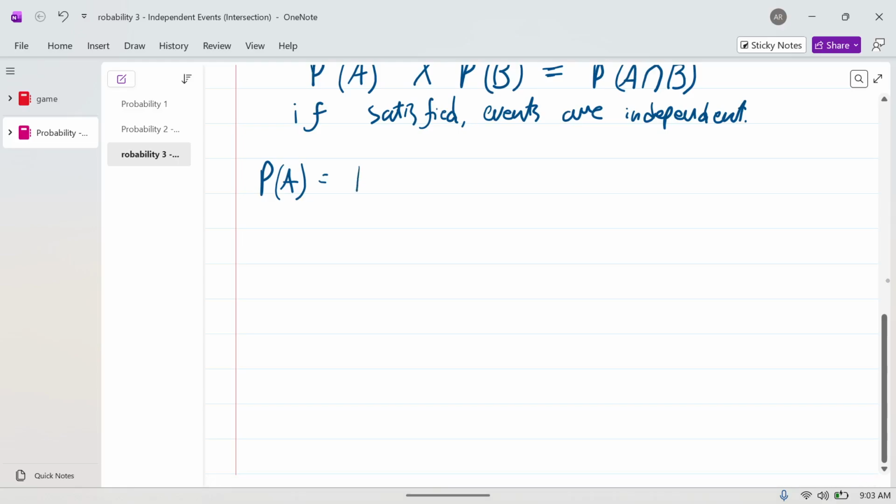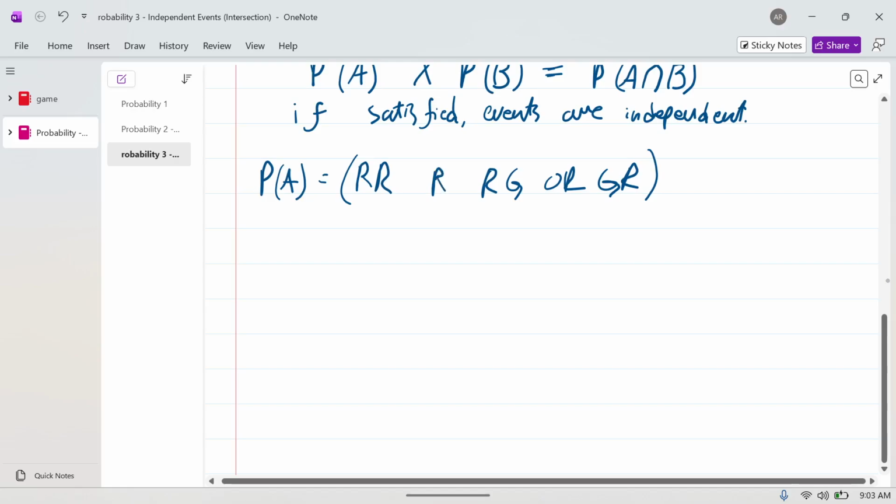So either both of the balls are red, or just one of them is red. This is the probability of A, right? This is the individual probability of A. So either both of the balls she's going to pick up are going to be red, or either the first ball is red or the second ball is red, right?